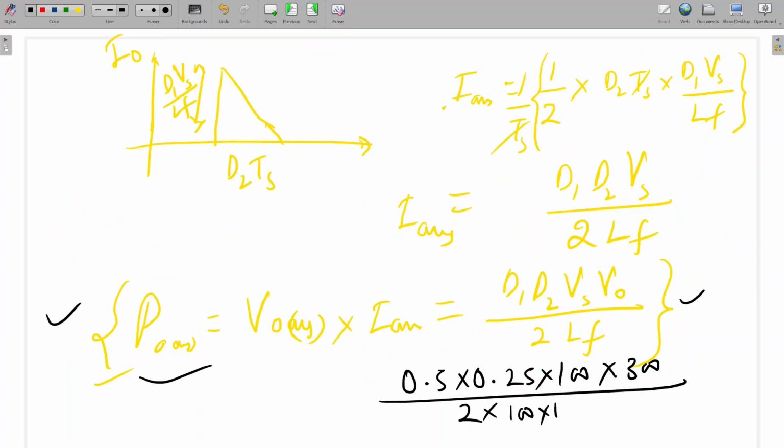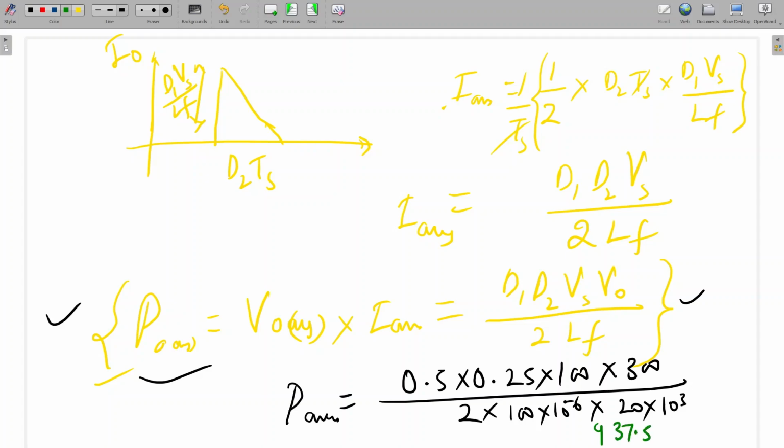That is 100 into 10 to the power minus 6 into 20 into 10 to the power 3. Can anyone calculate this value? I'm also calculating. 937.5 watts, sir. Okay.